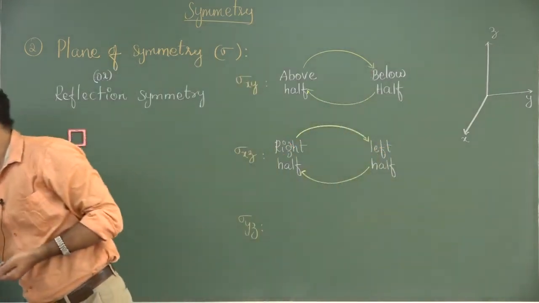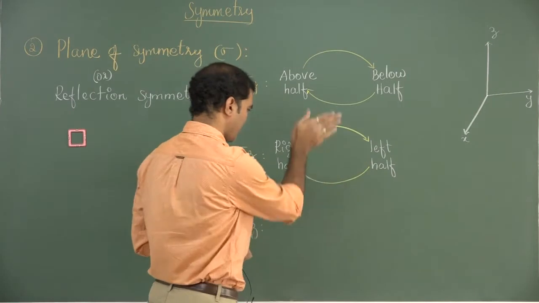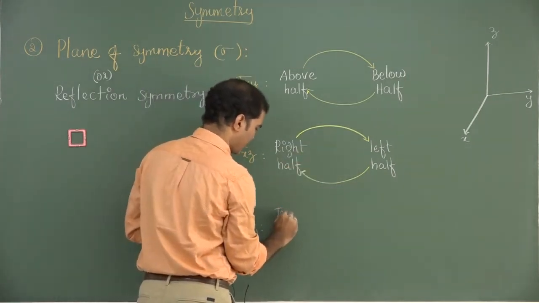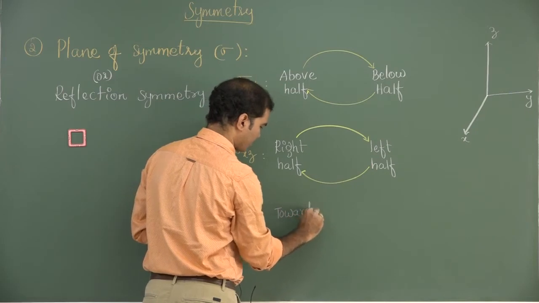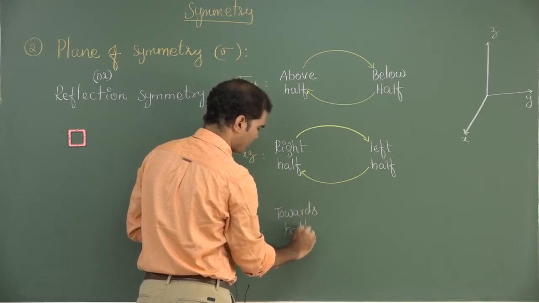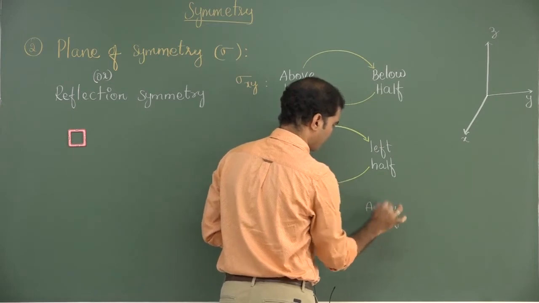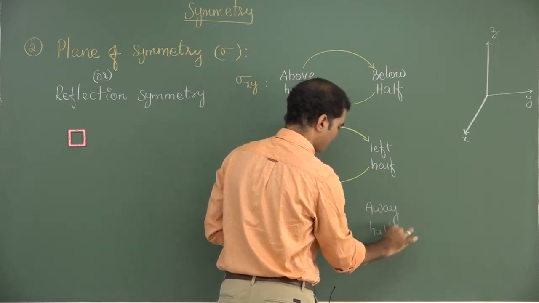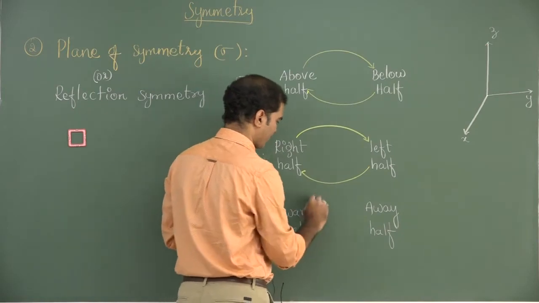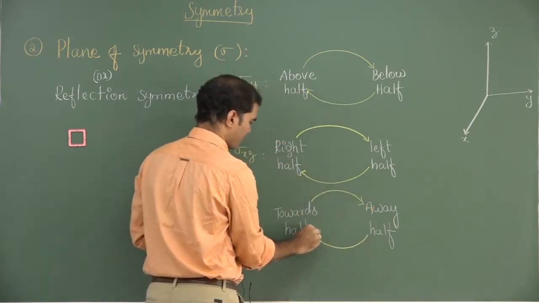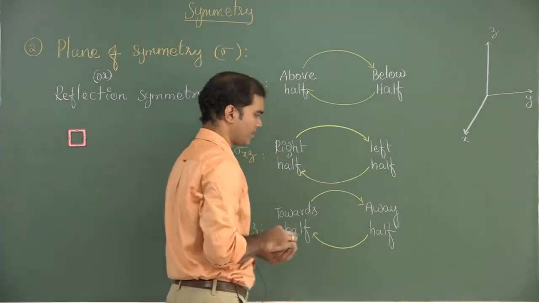So what do we say? Whenever we are passing sigma yz, whichever half is towards you will reflect away from you, and whichever half was away from you will reflect towards you. So these are the exchanges.